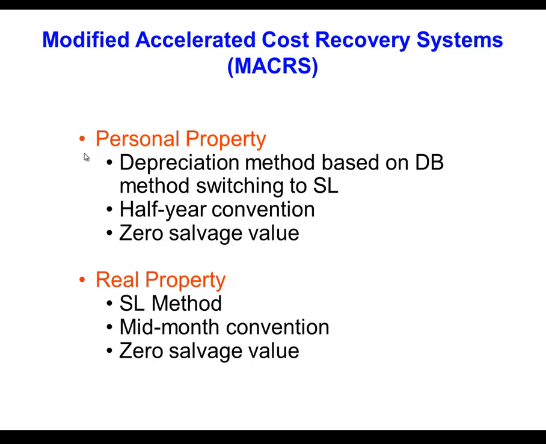So with 0 salvage value, half year convention, and using the double declining balance method, switching to straight line. For the real property, we use the straight line method, but we use the mid-month convention, and we'll talk about how to calculate the mid-month convention, and with also 0 salvage value.